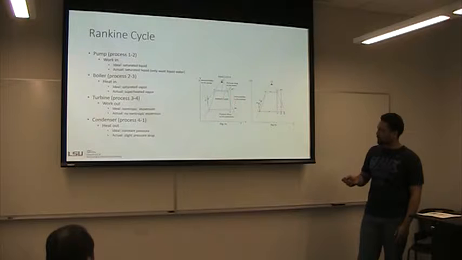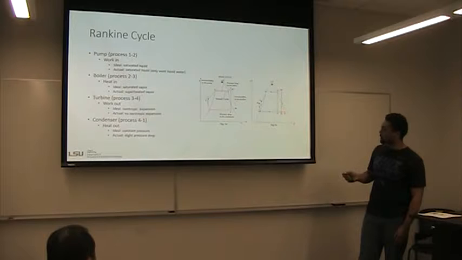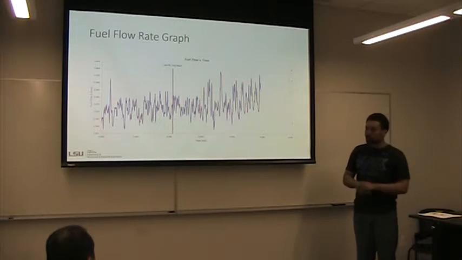You can see right here, this is the actual irreversible one. It increases in entropy here, but it still goes into the vapor dome, because it needs to go through the condenser. And then lastly, you have a condenser which removes the heat. Ideally, you want it at constant pressure, but in actuality, you have a slight pressure drop through the condenser to the pump.